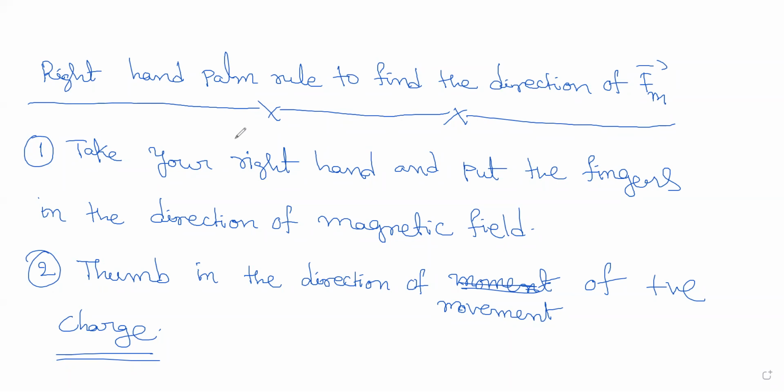Now the third thing is very simple. Note it. First these two you have to do. Whatever direction the palm shows, that is the direction of the magnetic force. That's the third thing.